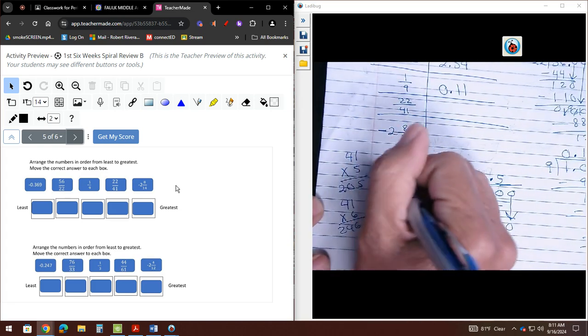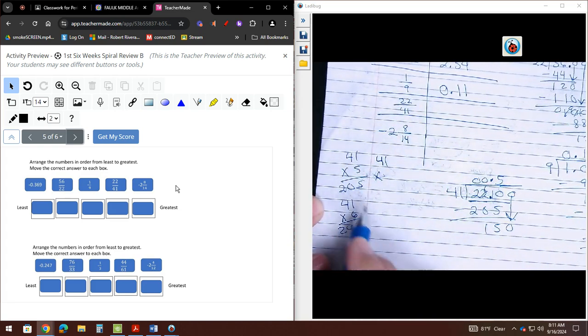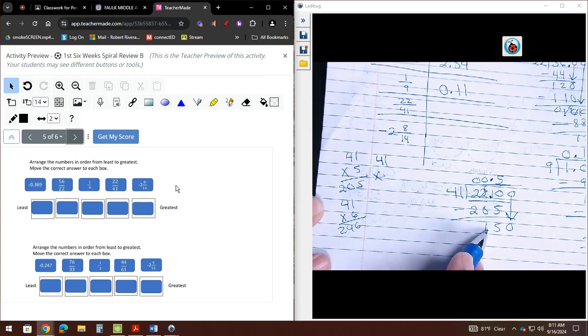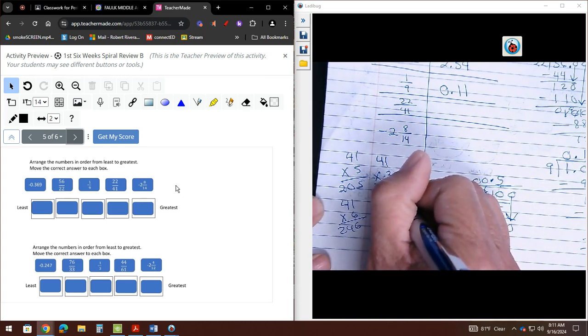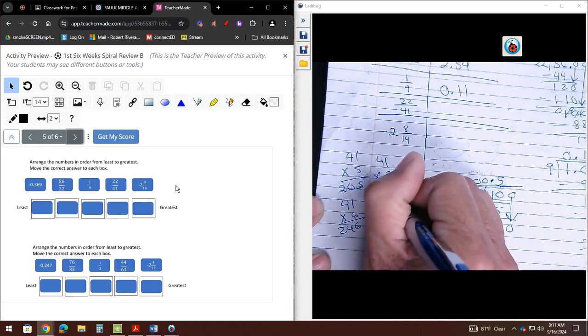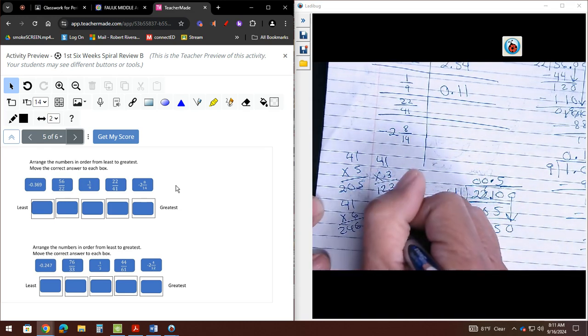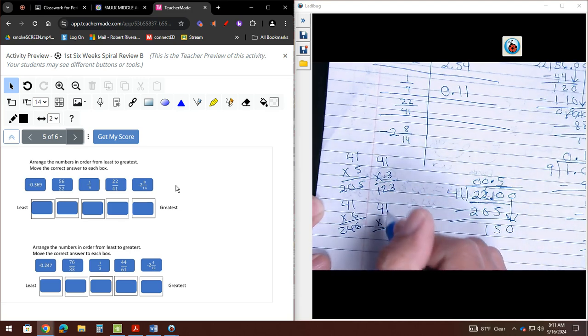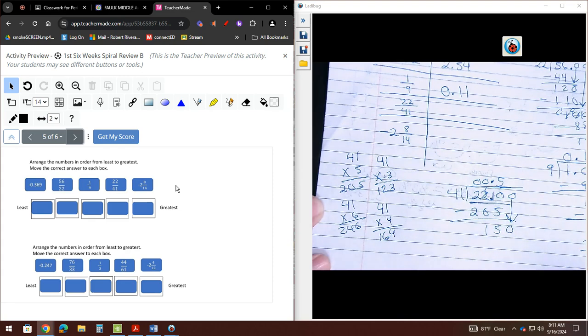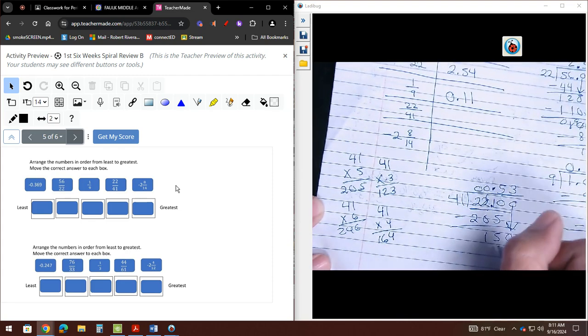Now I need to guess again. Well, 5 was 205. We're trying to get to 150, so let's try 3. That's pretty close. Let me try 4 just in case. That went over, so it's going to be 3.